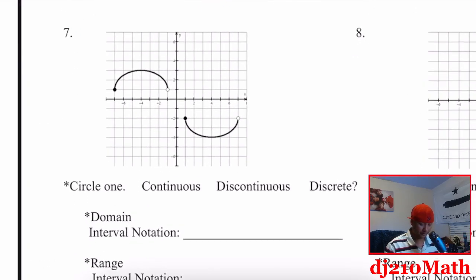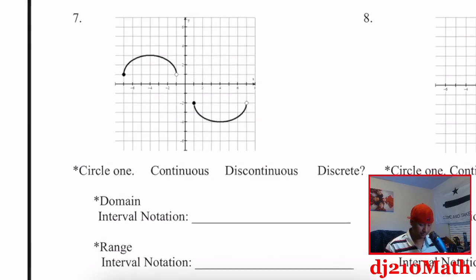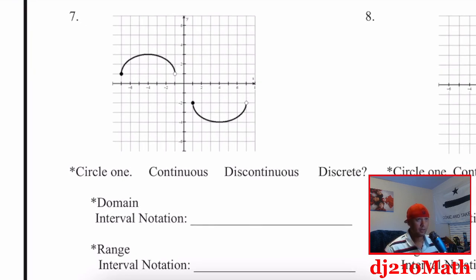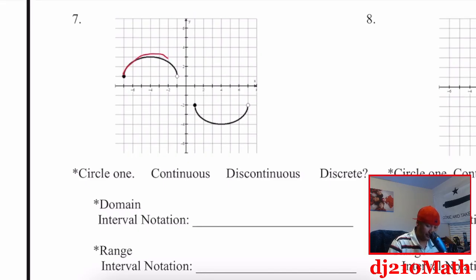All right, number 7. I see 2 pieces, right? Here's one graph and then a completely different graph. So this is definitely discontinuous, because there's this obvious gap right here, a piece that's missing in the middle. So the domain in interval notation, again, always start at the left, from left to right.